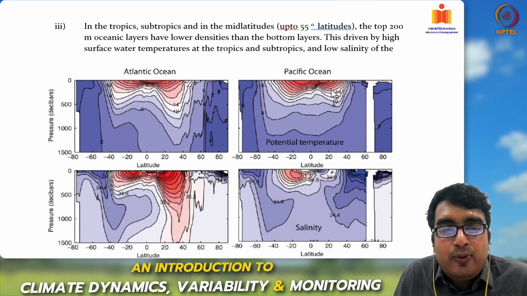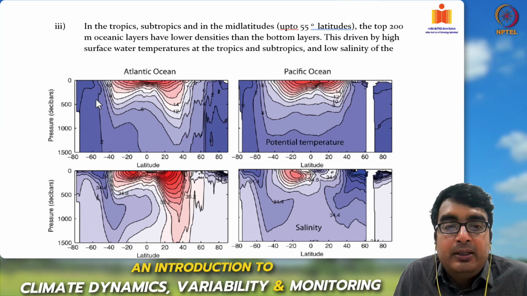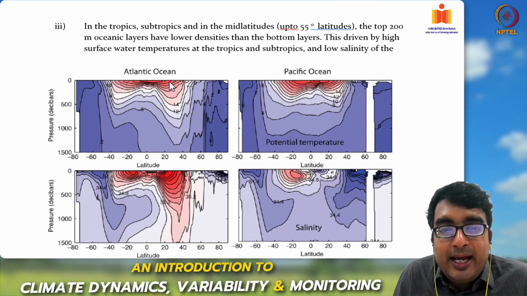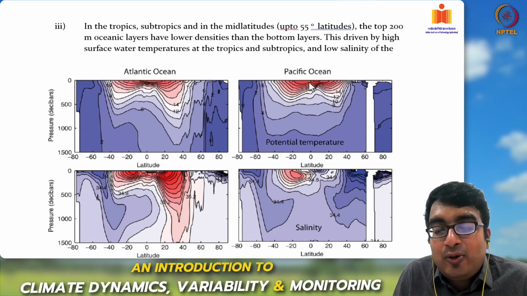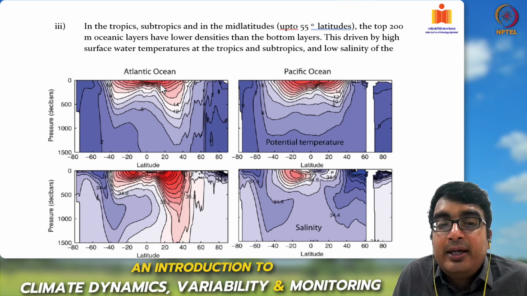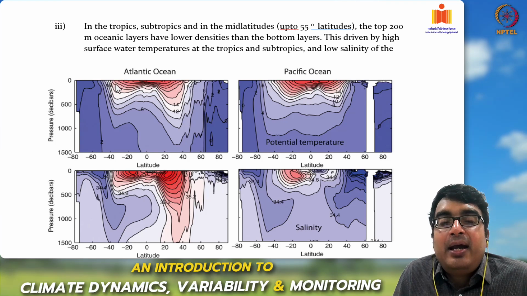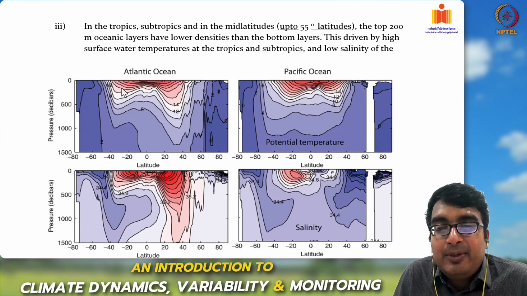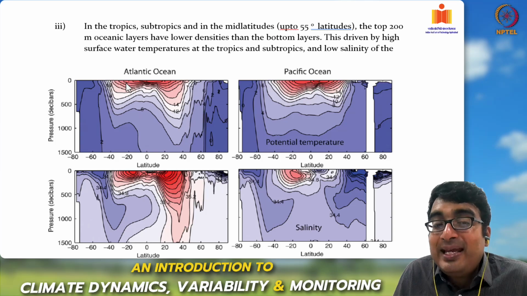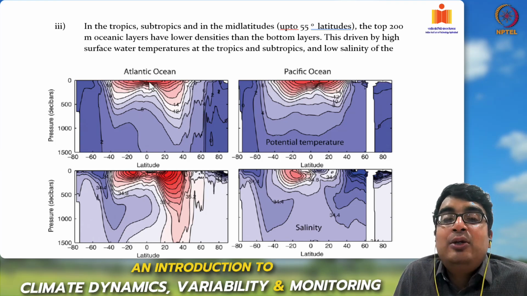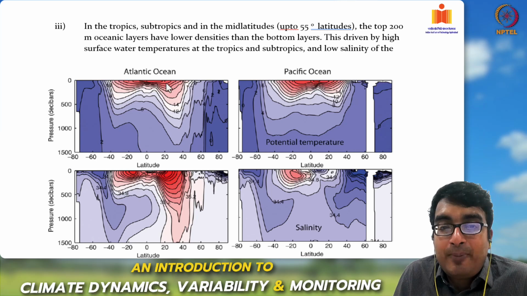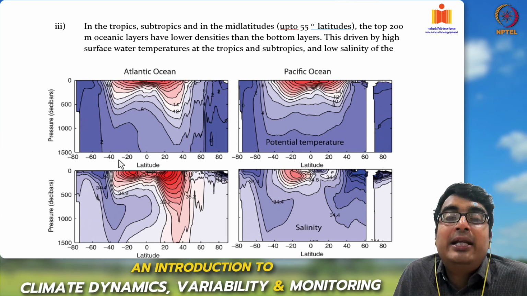So now what you can see is that the equatorial and the subtropical regions of both the Pacific and the Atlantic Ocean are very hot near the surface. So the first 100 meters or 100 decibars, which is associated with the mixed layer of the ocean, is quite warm both in the equatorial region and the subtropical regions between 0 to 30 degree north and south latitudes.